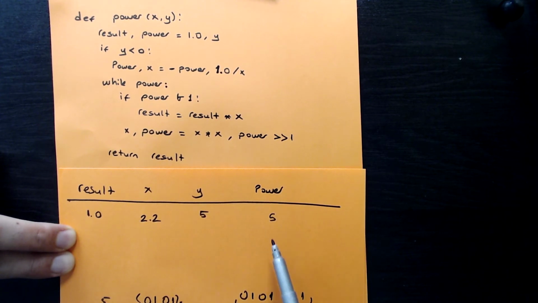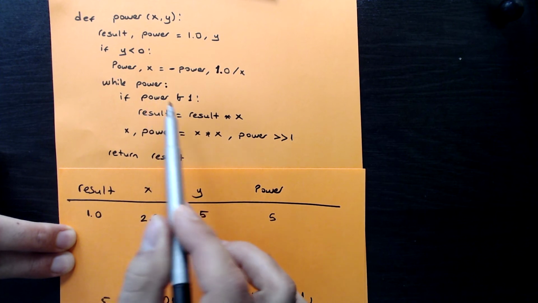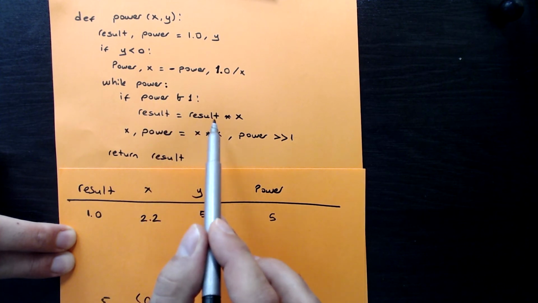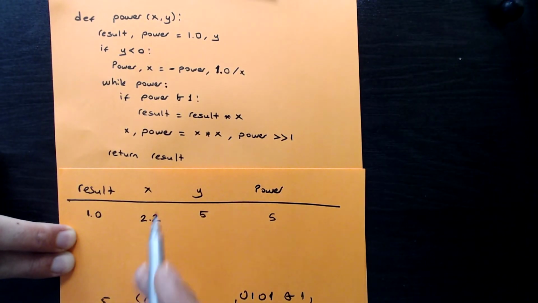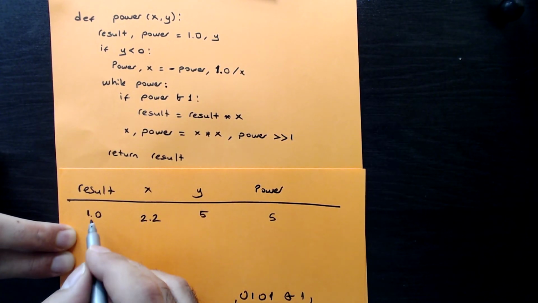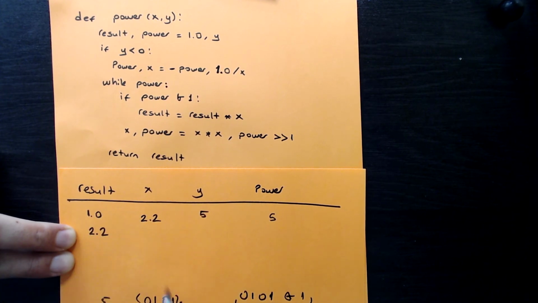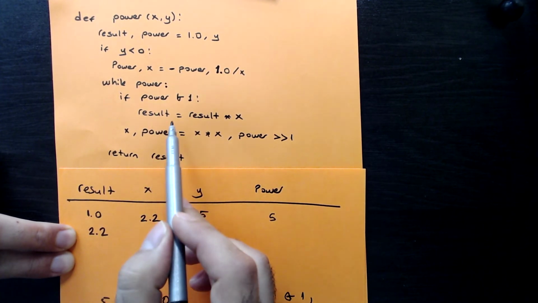So we are getting true, which is 1. If power and 1 is true, result is going to get result times x, right? Our x is 2.2, so result times x would be 1 times x, now our result is 2.2, right? And what happens next?